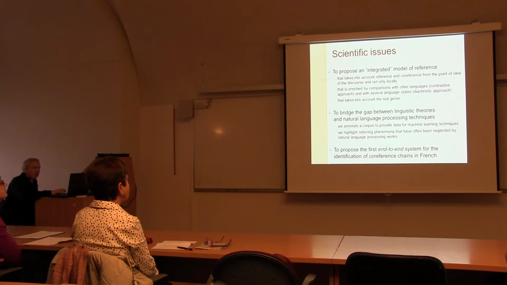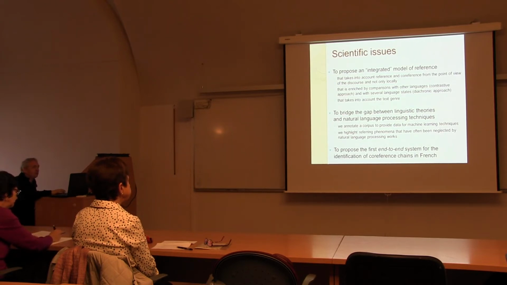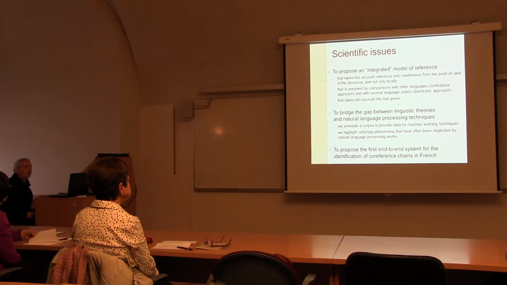And we follow a contrastive approach as well as a diachronic approach with several states of the French language that are taken into account in our corpus. And that takes into account the text genre because we have the hypothesis that the typologies of chains depend on the text genre. It's a hypothesis.